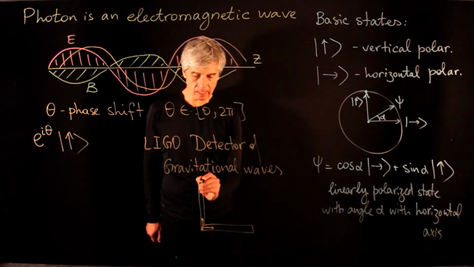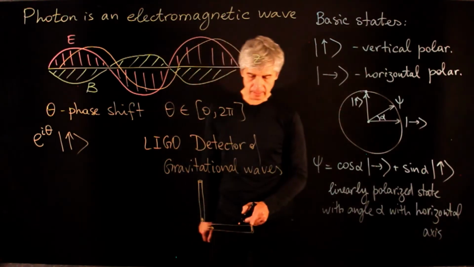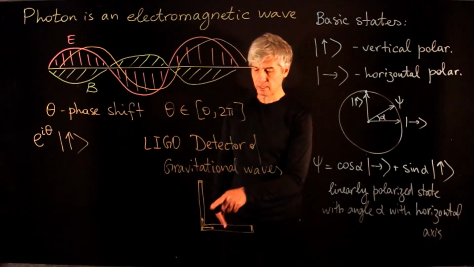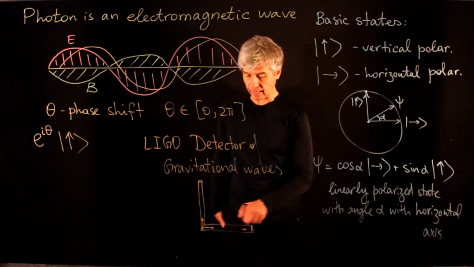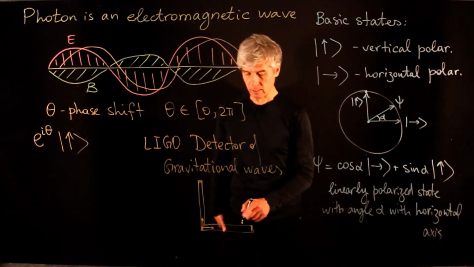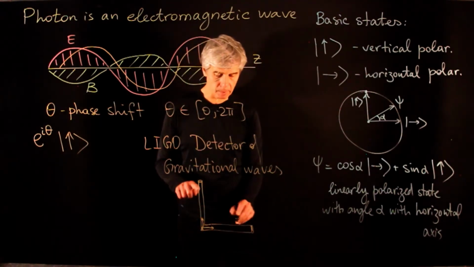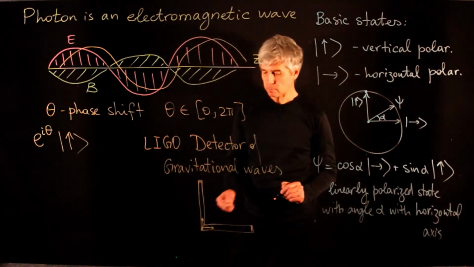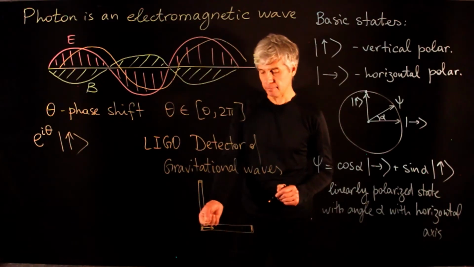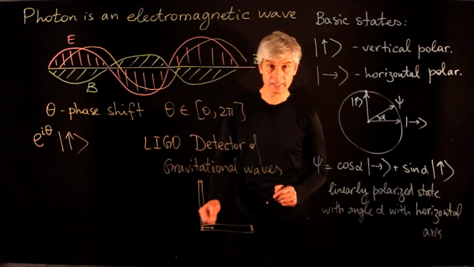And at the ends you have mirrors, and these two legs of the tunnels are exactly equal to each other in length. So when these two beams of light travel, they should come back exactly at the same time, and so they will come back in the same phase.